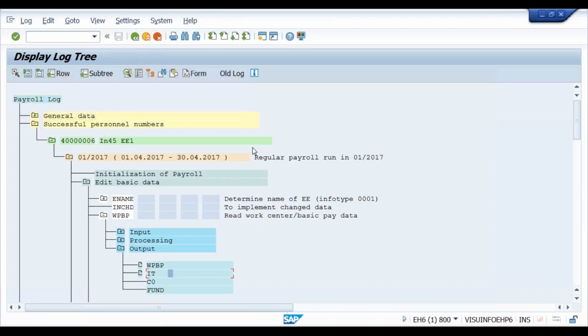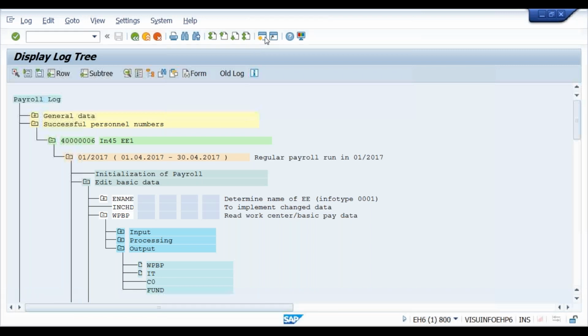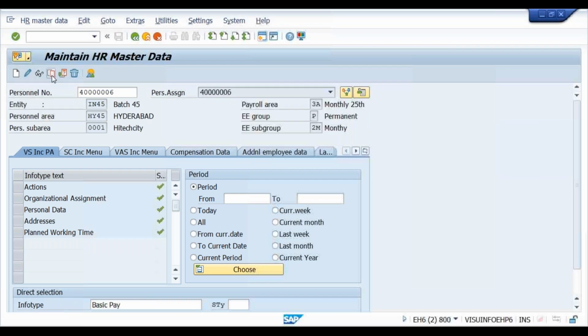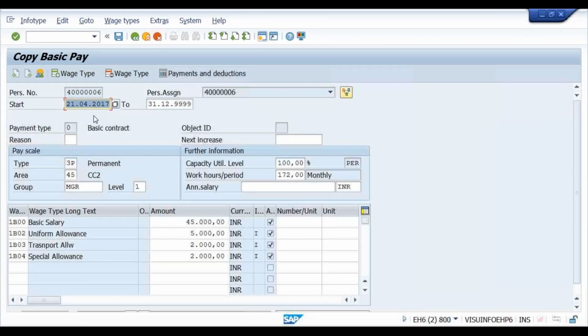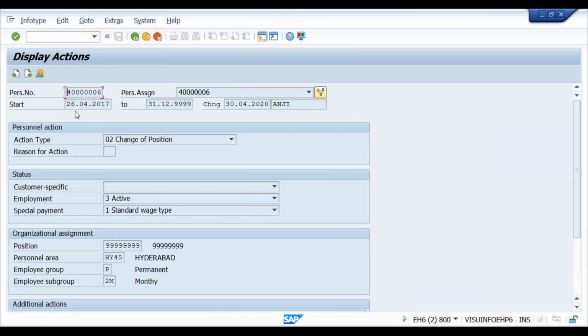For example, now I'm removing a split of info tab 8. I have removed just one split, but there is another split that I have executed in actions. It is from 26.